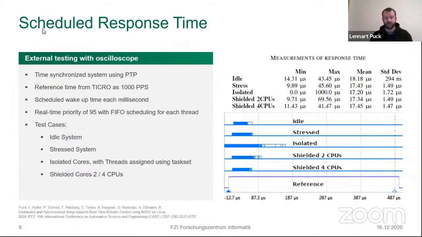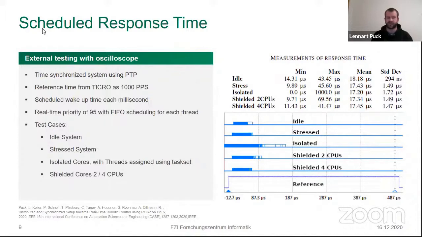First of all, we had our ROS2 applications, and our first trials were what is to be expected, basically what's in the response time we want to have from them. So once again, both PCs are synchronized using PTP, and the oscilloscope furthermore is synchronized as well.